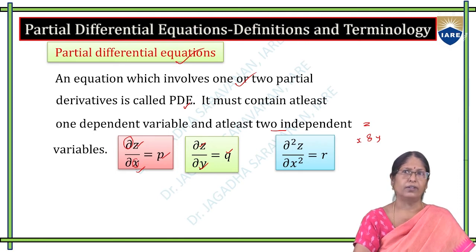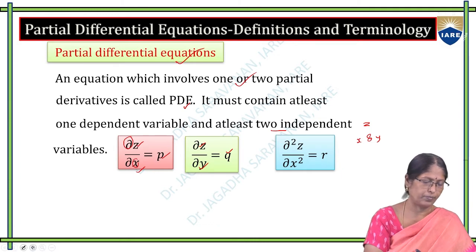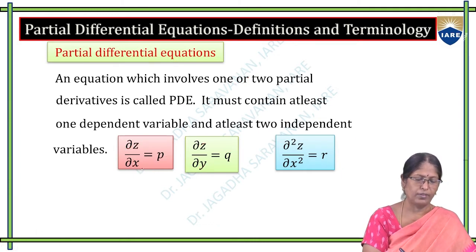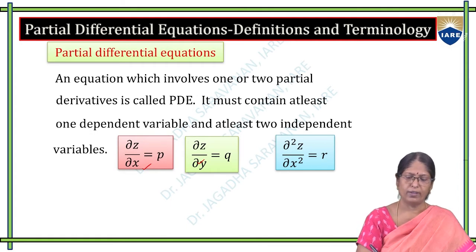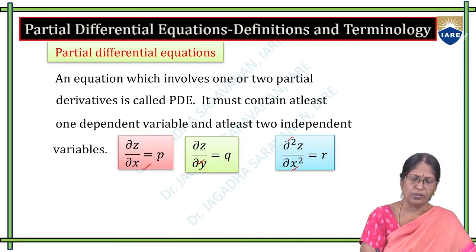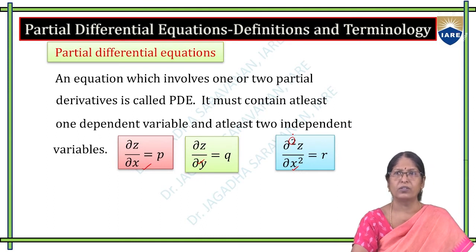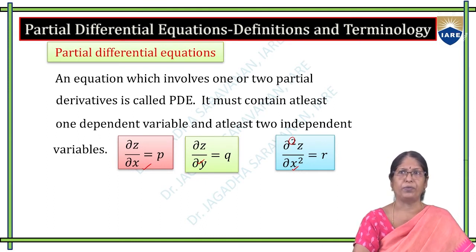The next, the second order. If you notice, for these two, the first order, we are finding the derivative only one time. The second time also we are moving, that is here the symbol dou has 2, so two times we are finding the derivative.